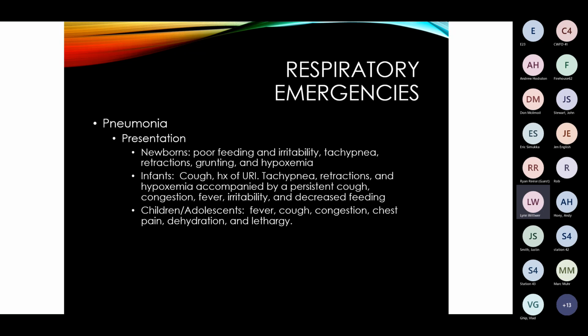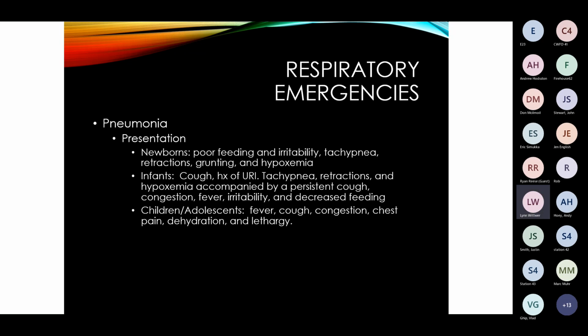It's probably his lungs that are causing it. You're not likely to hear crackles or rales in his lungs. And it's the poor feeding, irritability, and your visual cues that are going to give this away.